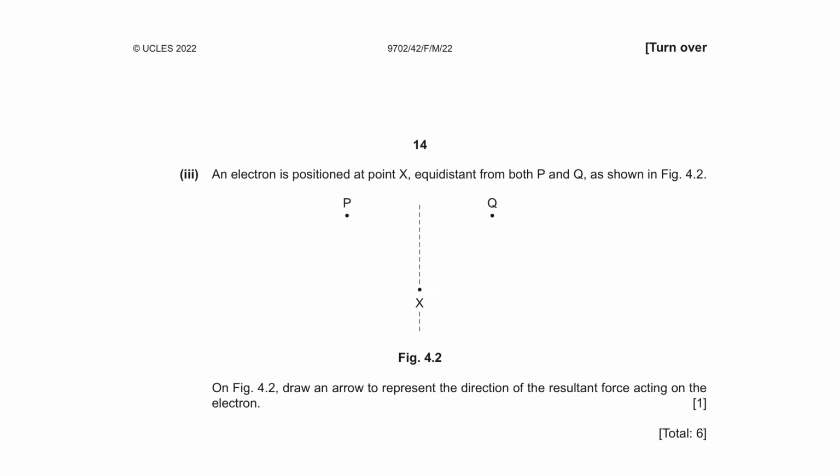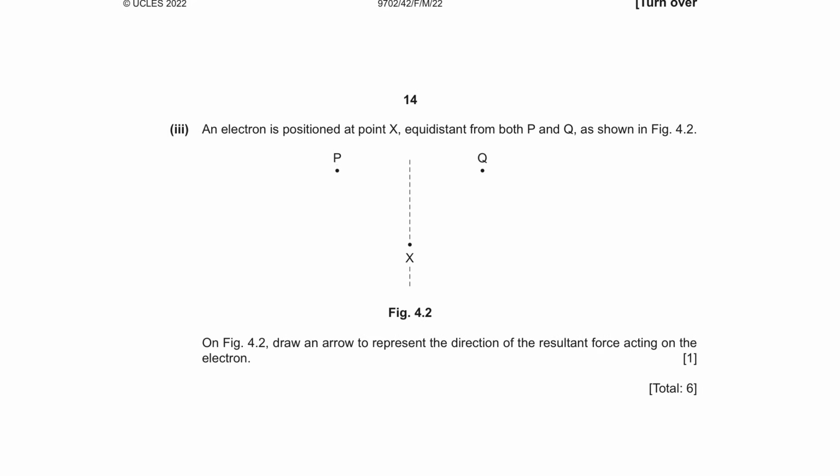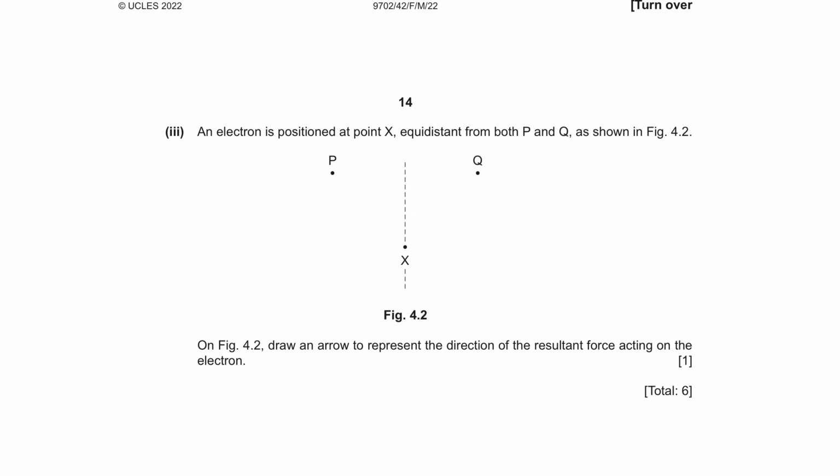Next part 3 says an electron is positioned at point X, equidistant from both P and Q. On figure 4.2, draw an arrow to represent the direction of the resultant force acting on the electron. Now we've got our 4 nanocoulomb charge here, and we've got our minus 7.2 nanocoulomb charge here. And we've got our negative electron, a negatively charged electron at this point.